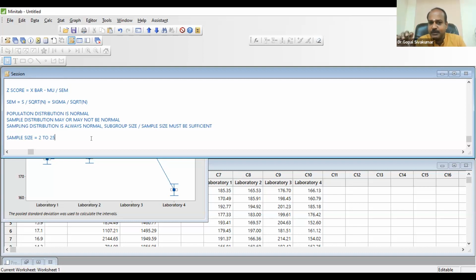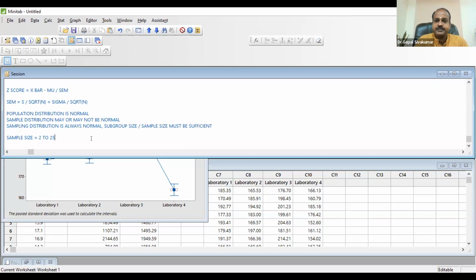Every time you take a sample, how many samples do you need to take? Minimum 2, maximum 25. Definitely within this range, your sampling distribution will start resembling the bell curve. Because all our formulas and predictions are based on the bell curve.